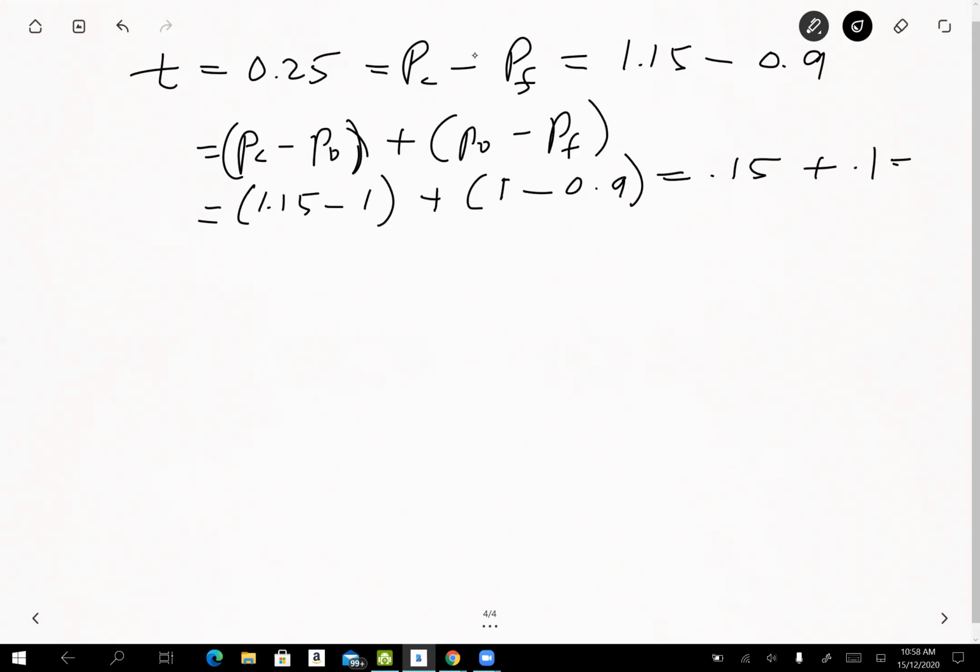Of course, that is equal to 25 cents. So why do we break it out? Because we want to see the burden of the tax on the consumers and the burden of the tax on the firms.